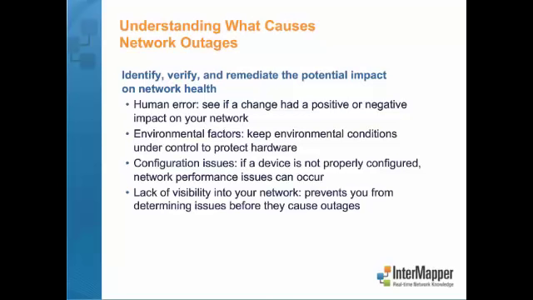So human error has always been at the top of the list. And as you guys have clearly pointed out, environmental factors have been the one pain point that you've experienced in terms of an outage on your infrastructure.